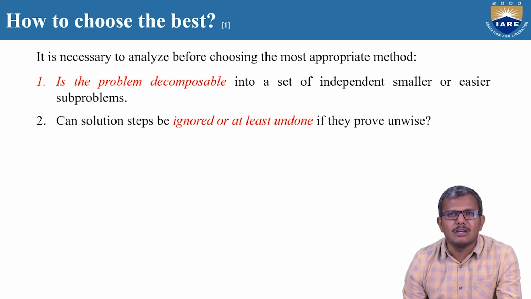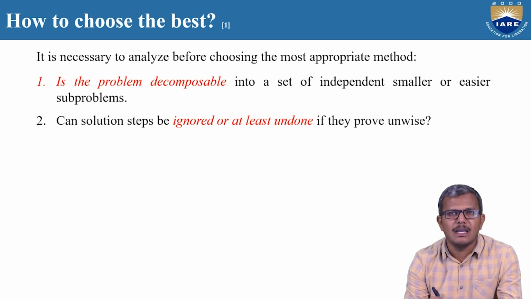Whatever approach you are following to solve a particular mathematical expression, if it is not giving the best solution, can I simply ignore that approach? Or can I go back to the previous state and continue in a different way? So whether your problem is related to this concept or not, that also we need to consider.